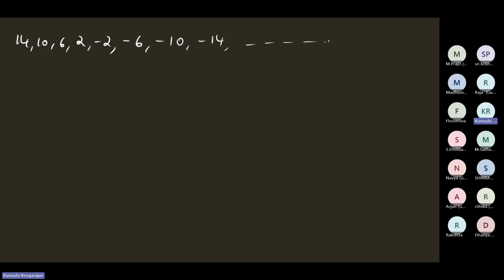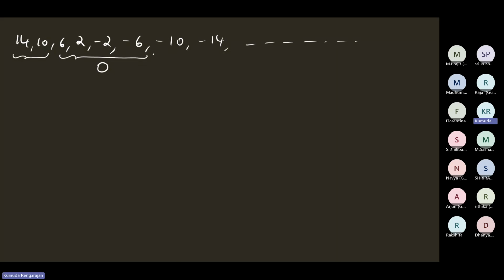It goes on like this. Okay. So let me find the sum of these two terms. And see here, I'm getting a 6, 2, minus 6, 2. So this sum is 0, right? This sum is 0. See here, 6, 2, minus 2, minus 6. So this sum is 0.